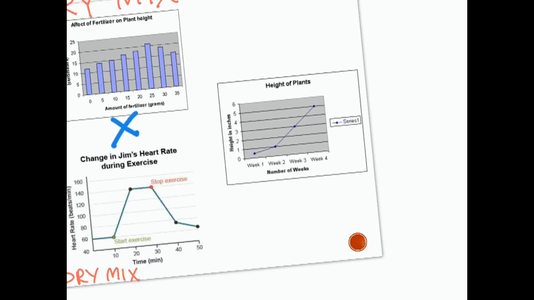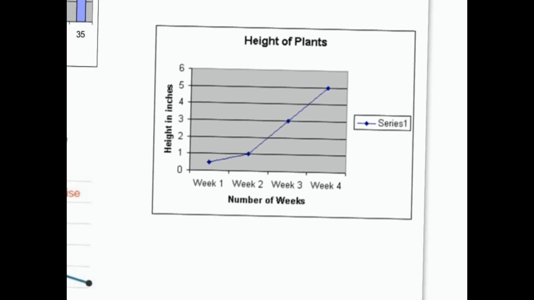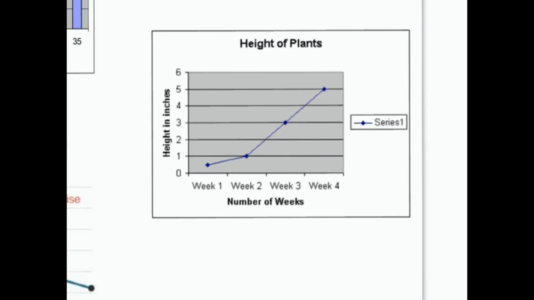Okay, and there's one more example, more about height of plants, and this time instead of the bar graph, they used a line graph for the heights of plants. I know that every week I'm going to measure the plant height.